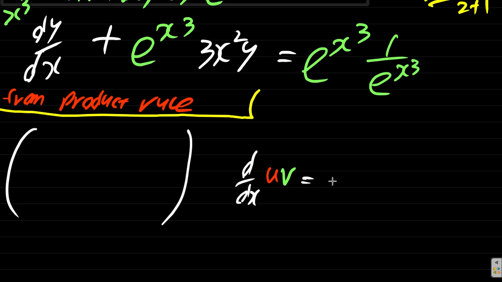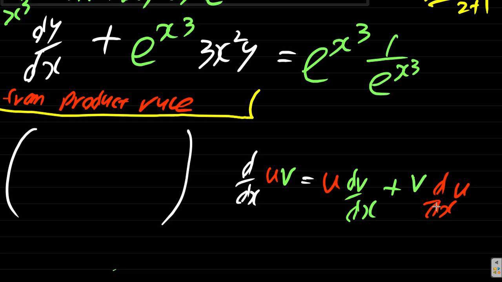You hold u as it is times dv by dx, differentiate v, plus you hold v as it is times du by dx, you differentiate u. So basically you have two functions multiplied and you differentiate them. Hold the first function times differentiate the second, plus hold the second function times differentiate the first.